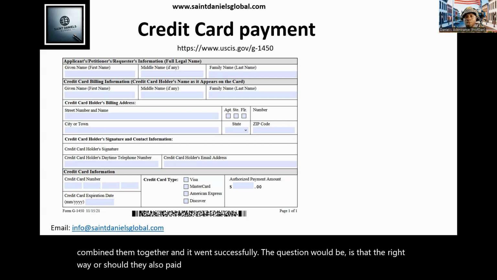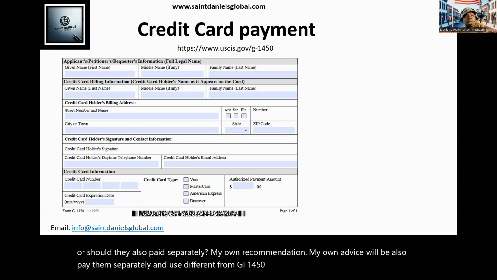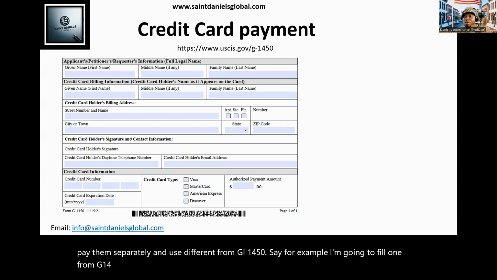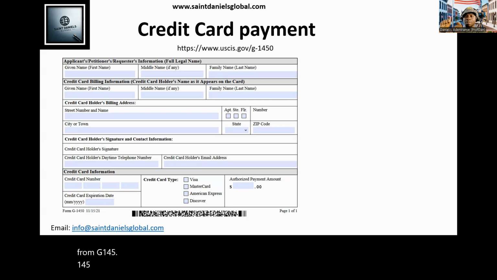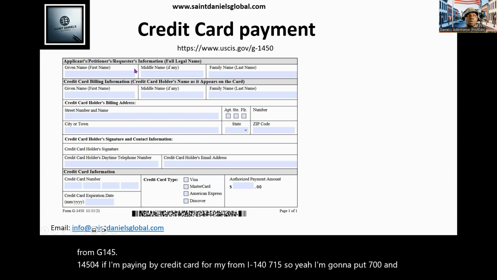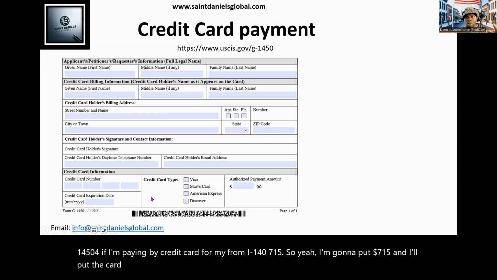My own recommendation, my own advice will be also pay them separately and use different Form G-1450. Say, for example, I'm going to fill one Form G-1450 if I'm paying by credit card for my Form I-140, 715. So yeah, I'm going to put $715 and I'll put the card details. That's one.